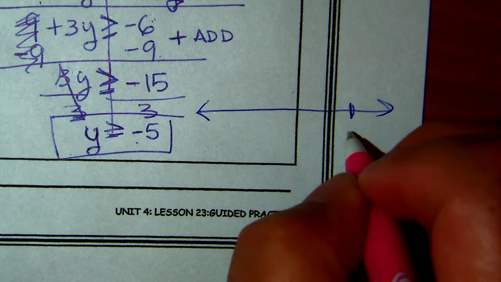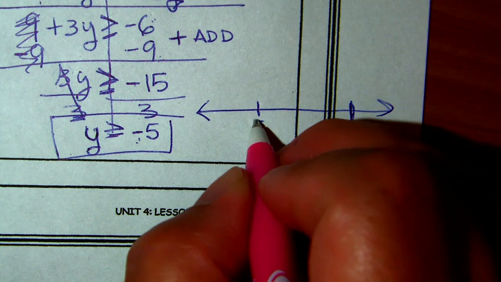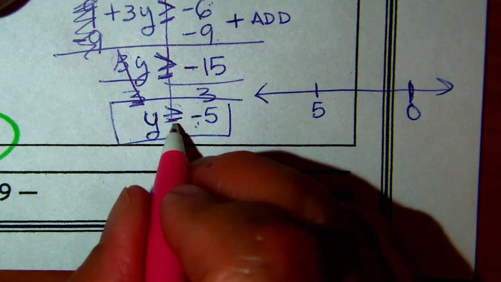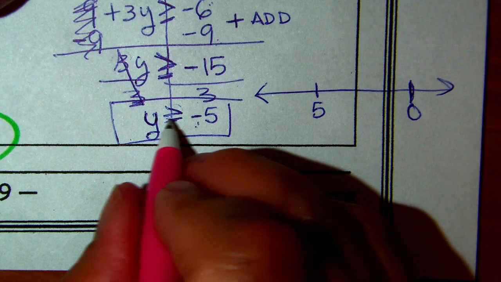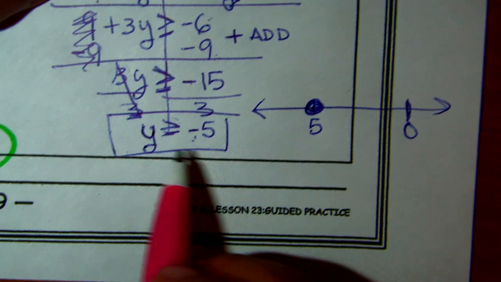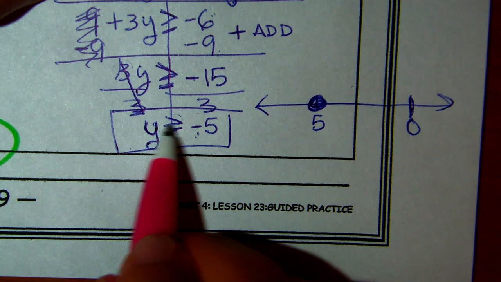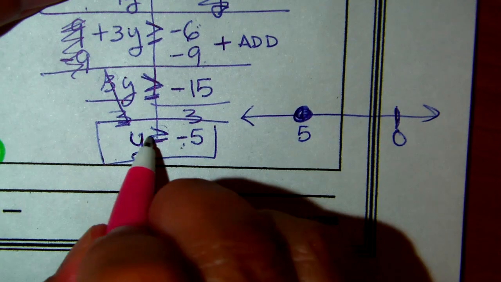So here's the 0. Here's the negative 5. Open or closed? Do you have a bar on the door? Yes, so the door is closed. So this one is a closed dot. The values of the y are greater than or equal to negative 5. Where does the arrow point to? It's pointing to the right.